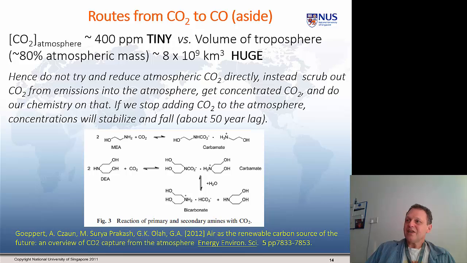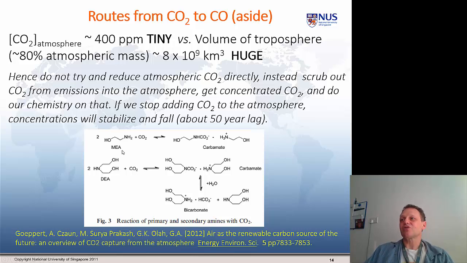But if you use amine scrubbing, which is the way where you can dissolve the carbon dioxide, 3% carbon dioxide in a plume, in an amine solution, the carbon dioxide is trapped, and then when it's reasonably full, you can just move this liquor away, heat it, release the carbon dioxide, and then recycle the amines back again.